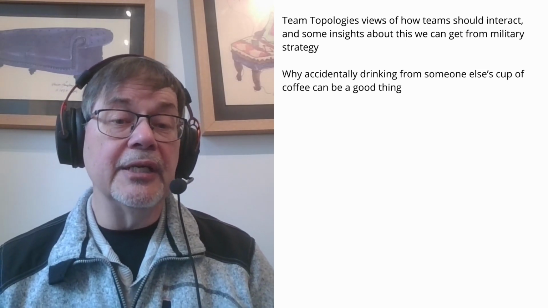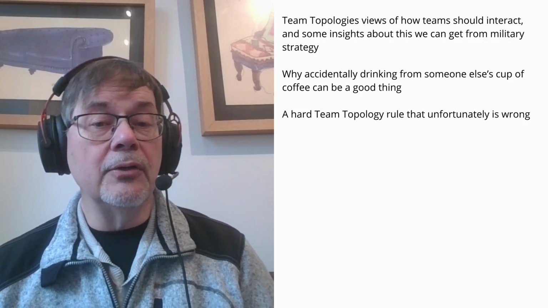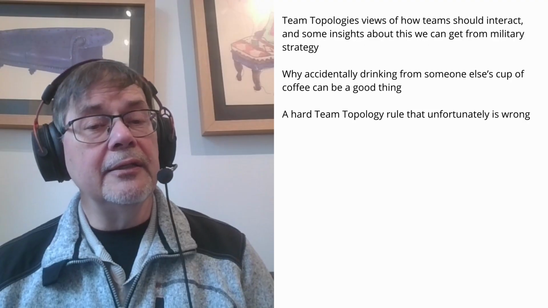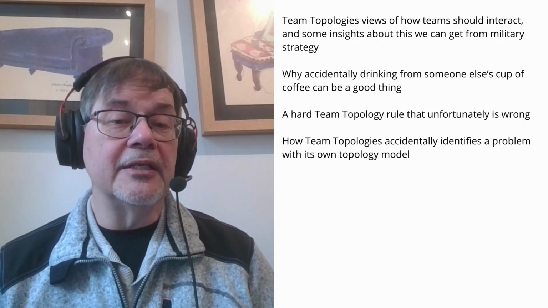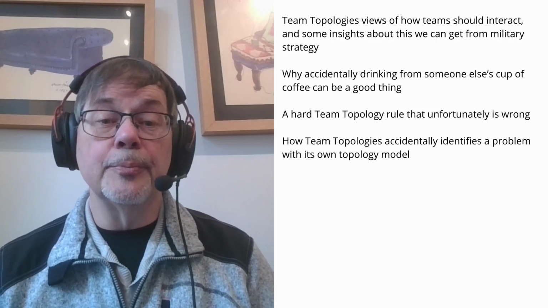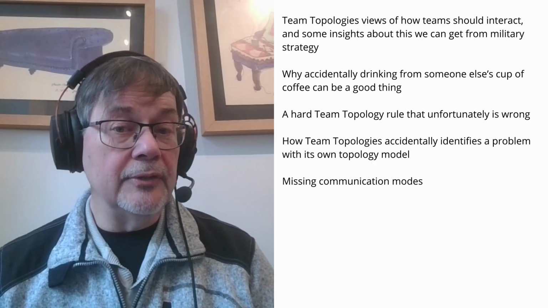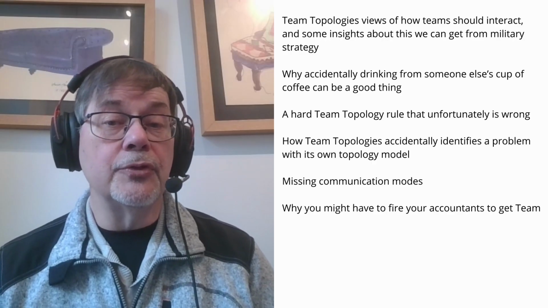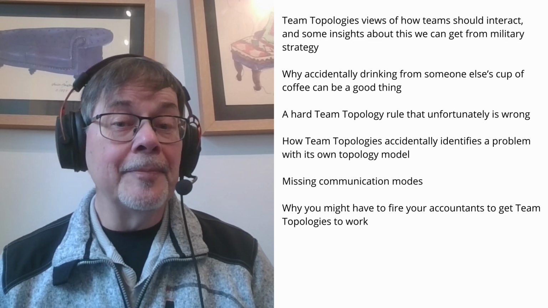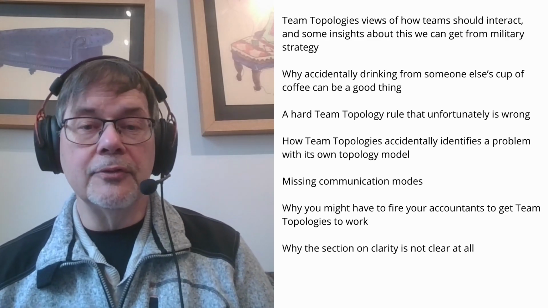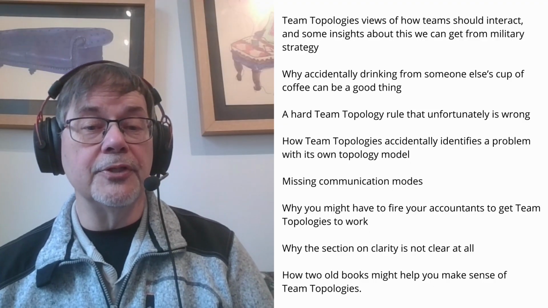Why accidentally drinking from someone else's cup of coffee can be a good thing, and a hard team topology rule that unfortunately is wrong, and how Team Topologies accidentally identifies a problem with its own topology model, and missing communication modes in Team Topologies. We will also talk about why you might have to fire your accountants to get Team Topologies to work, and why the section on clarity is not clear at all, and how two old books might help you make sense of Team Topologies.